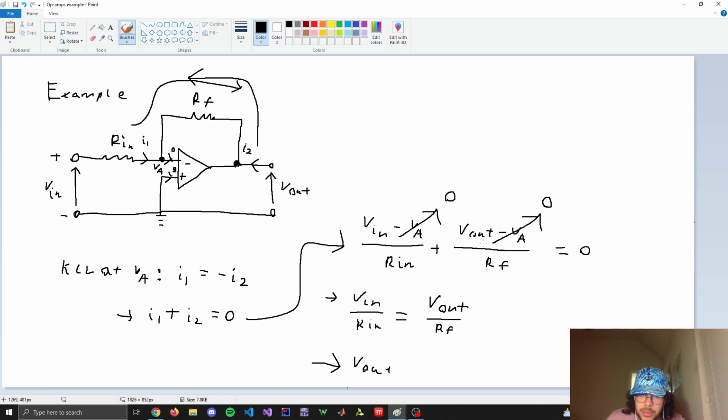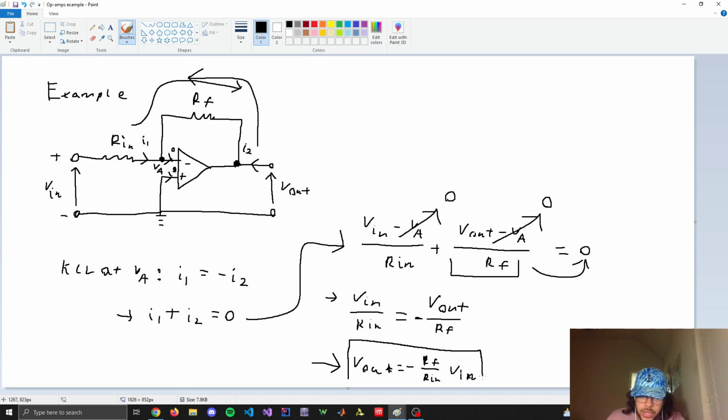I subtracted Vout over RF from both sides, so I need a negative sign here. Sorry about that, I got a little too far ahead of myself. All I did here was subtract Vout over RF on both sides. So if I do some algebra, Vout is going to be negative RF over Rin times Vin.